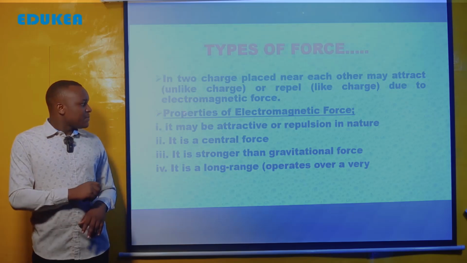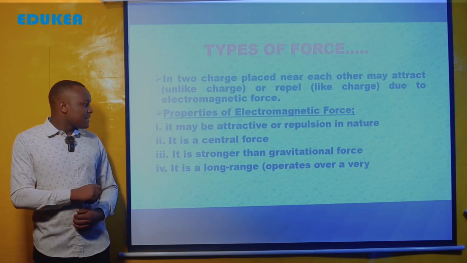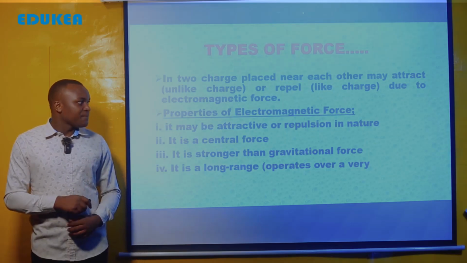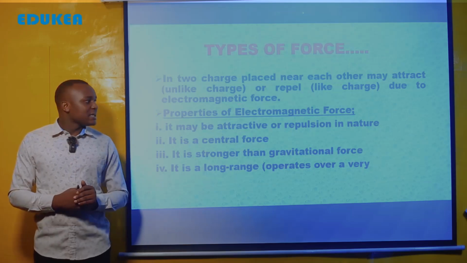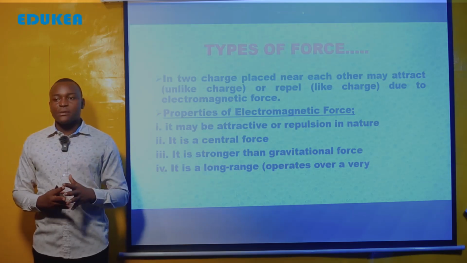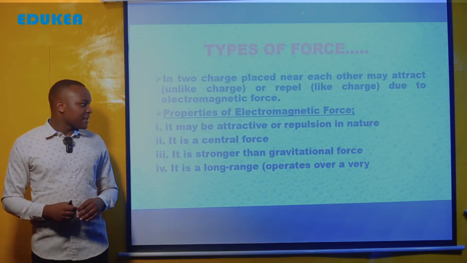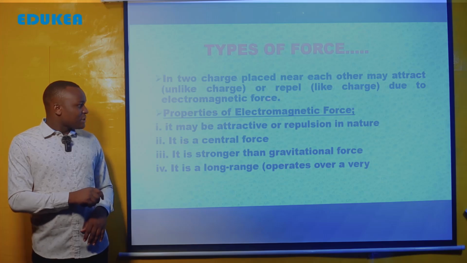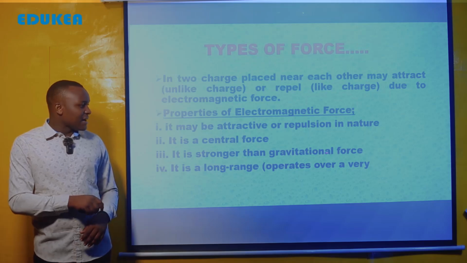Let's see the properties of electromagnetic force. The first property: it may be attractive or repulsive in nature. As we already saw, repulsion is a result of electromagnetic force, and attraction is also a result of electromagnetic force. It is a central force. Also, it is stronger than the gravitational force.